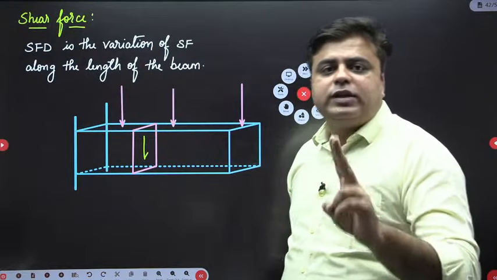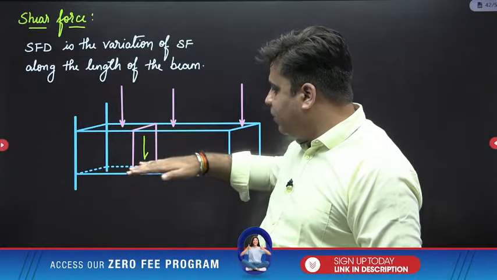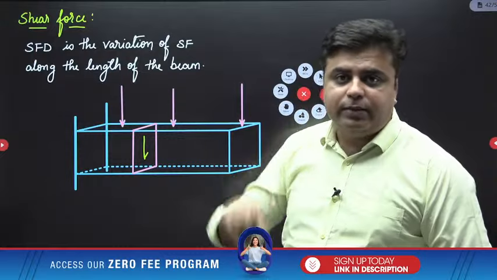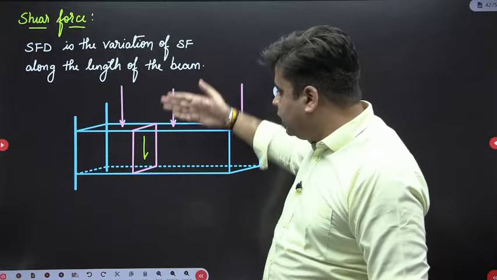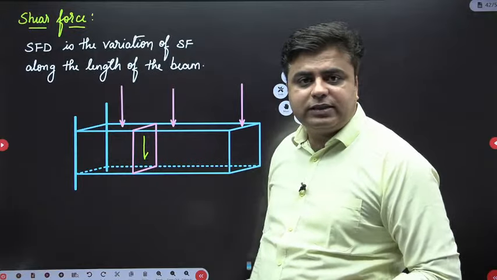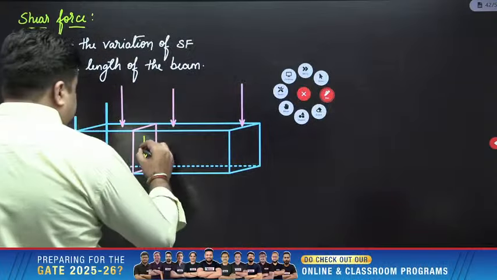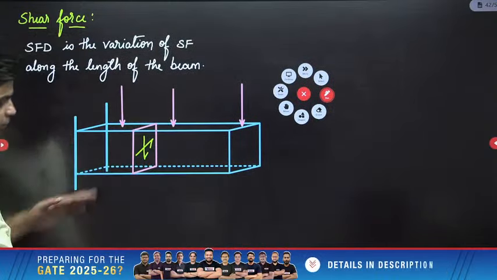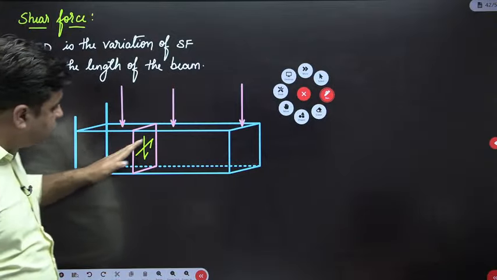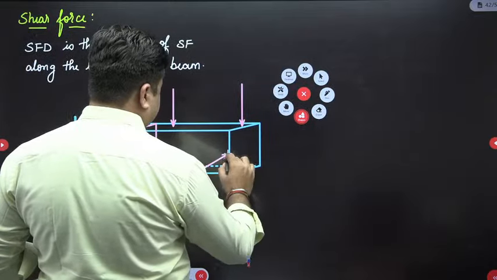If you have two sets of loading, meaning the load is acting on the vertical plane and simultaneously in the horizontal plane, you will get two shear force diagrams. Because vertical loading will give you shear force in the vertical plane. Horizontal loading will give you the shear force in the horizontal direction if this beam is loaded horizontally like this.